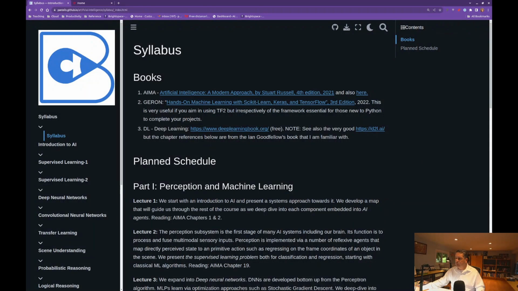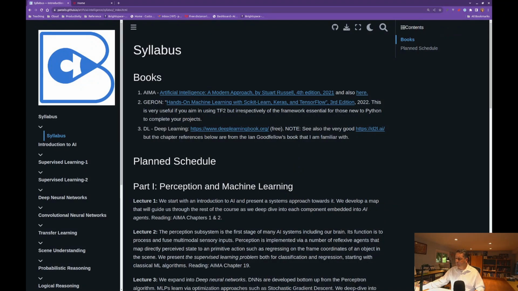The 3rd book is free of charge for everyone outside of the paywall of Safari, and it is sometimes used as an alternative to the 2nd book. It's a book that I'm somewhat familiar with, but I'm not really using it extensively in terms of references as I teach, and it's accessible on the website d2l.ai.